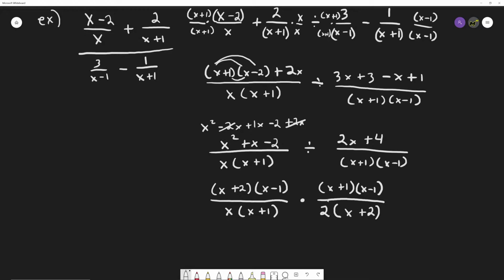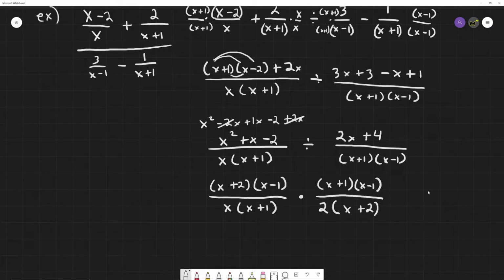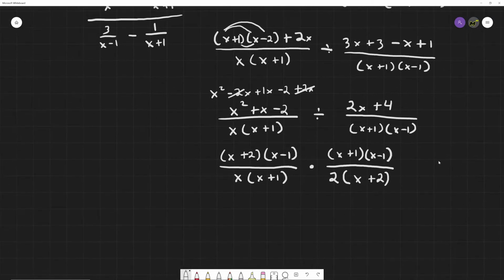Okay, before we cancel any terms out, at this point, let's look for any restrictions. So the restrictions would be whatever makes the denominator 0. We don't want to divide by a 0. So right now, we have a couple of restrictions.